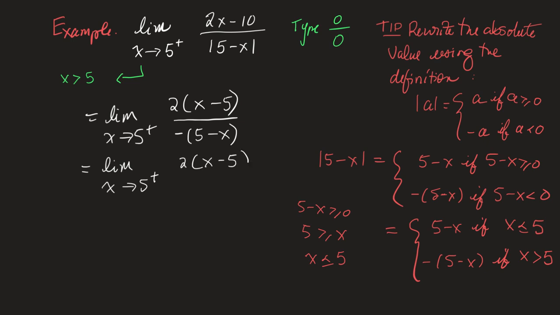And I think I'll pull that negative through just to make it a little more clear what I'm doing. Because if I pull it through, I get minus 5 plus x, which is x minus 5. And those cancel. And I get the limit as x tends to 5 from the right of 2. And the limit of a constant is a constant. So my final answer is 2.